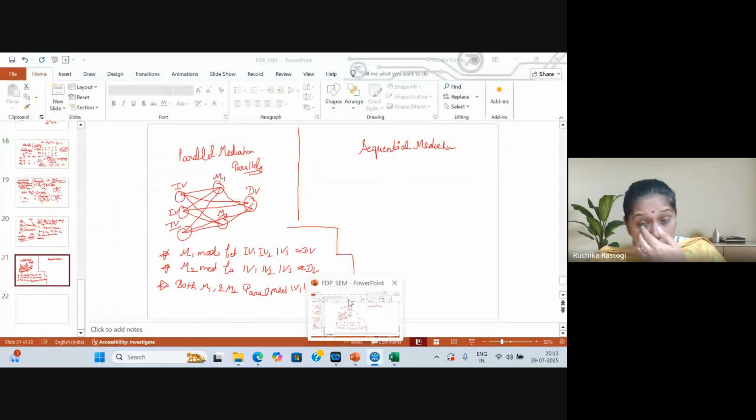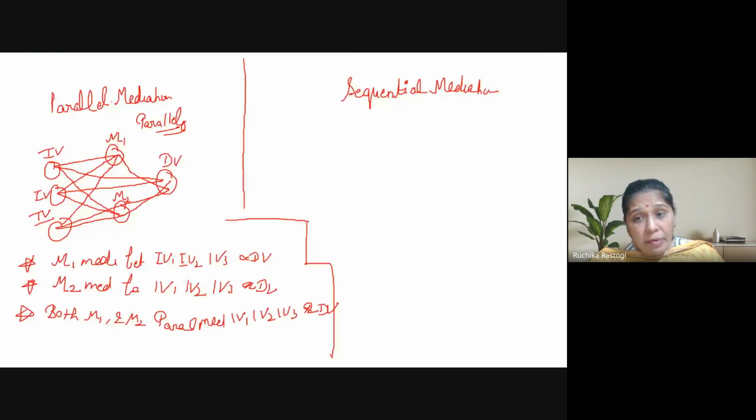Now, sequential mediation. Create a model which says that there is a relationship between M1 and M2 also. So that means IV has a relationship with M1, M1 is having relationship with M2, and M2 is having relationship with DV.